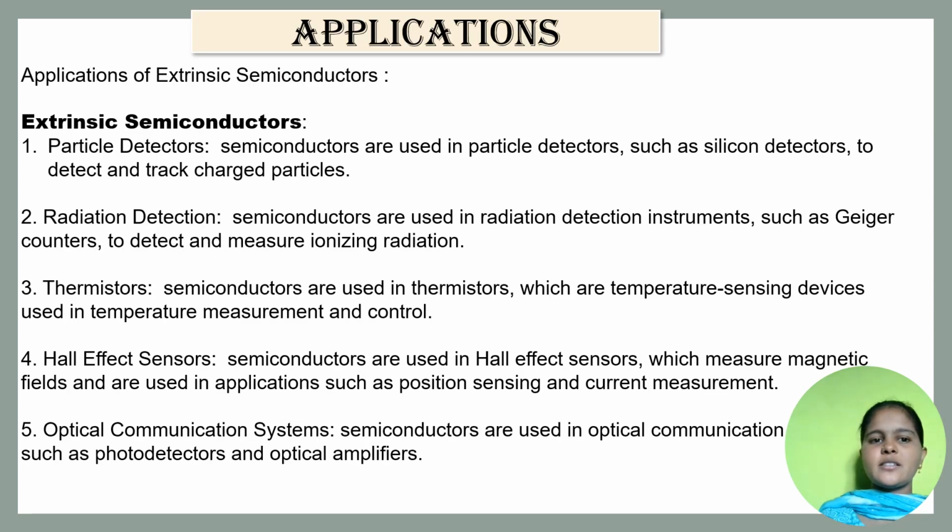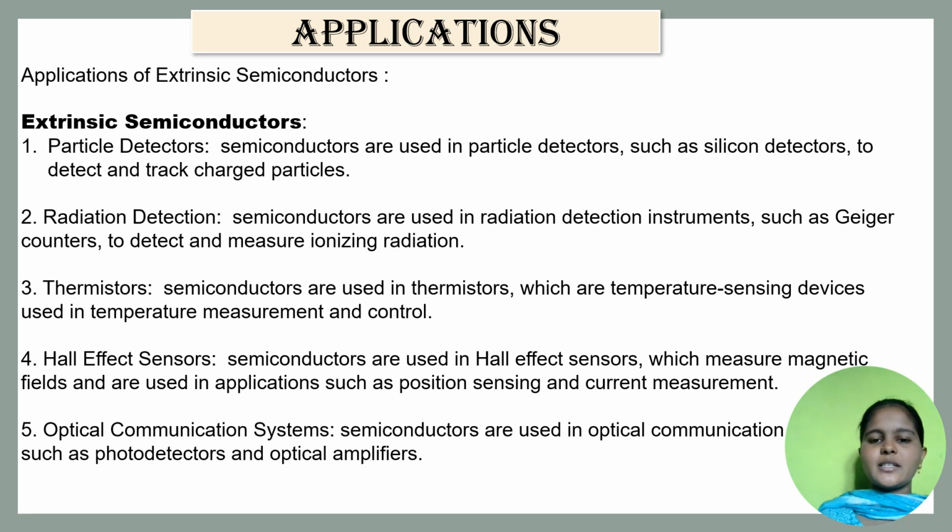Applications of extrinsic semiconductors. Extrinsic semiconductors are used in particle detectors such as silicon detectors to detect and track charged particles. Semiconductors are used in radiation detection instruments such as Geiger counters to detect and measure ionizing radiation. Semiconductors are used in thermistors, which are temperature sensing devices used in temperature measurement and control.